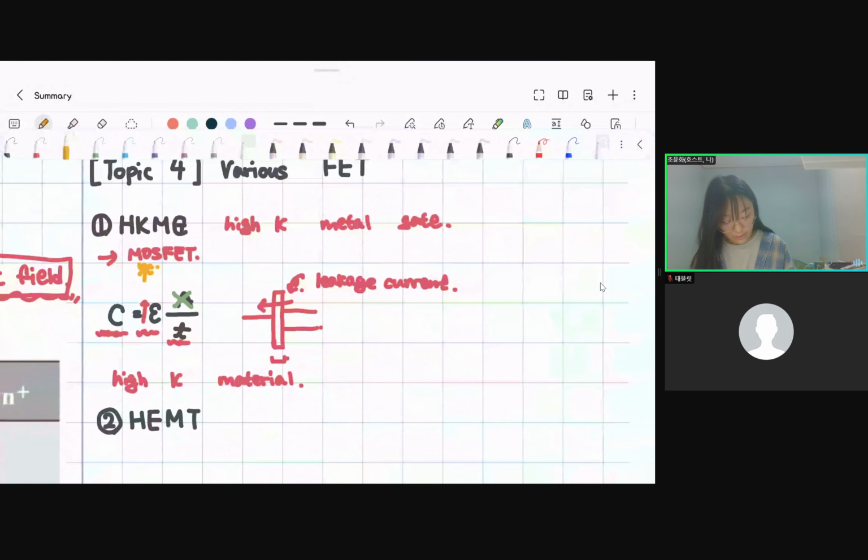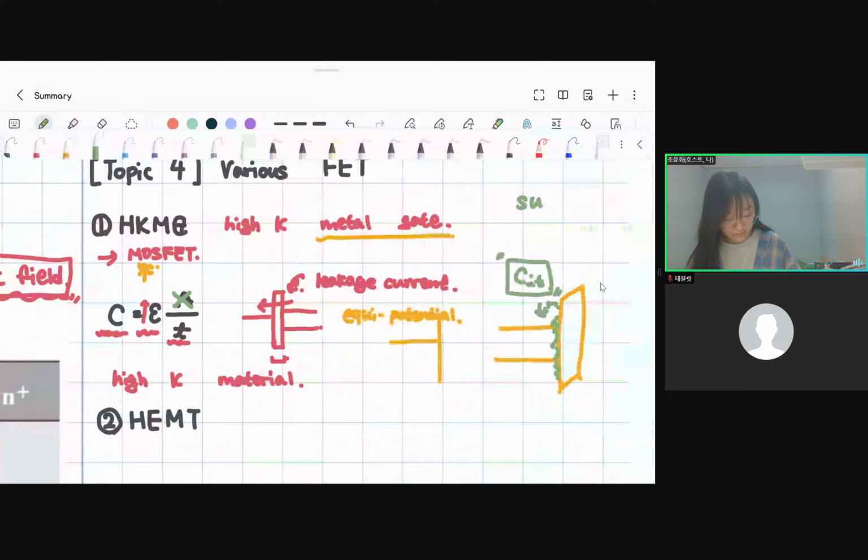So by this interface trap capacitance, the subthreshold swing gets worse. So if we use the metal gate with high-K material, we can improve the subthreshold swing, and the gate coupling gets better.